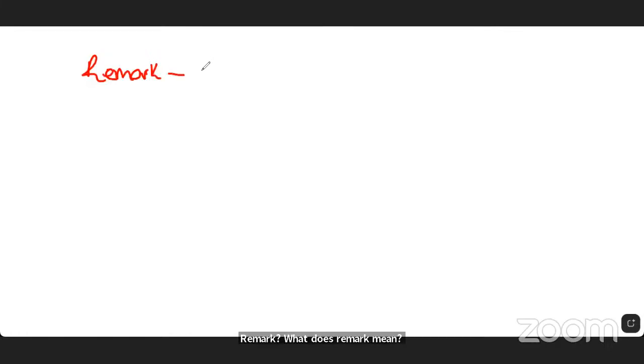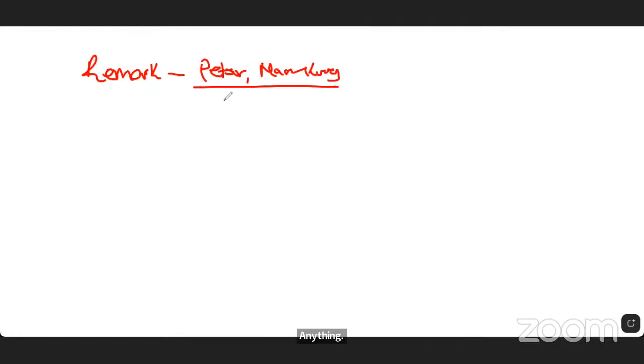The next button is a word called remark. What does remark mean? Remark means you want to give your strategy a name. You can name it Peter, you can name it Namkwaya, anything, or you can name it the strategy.